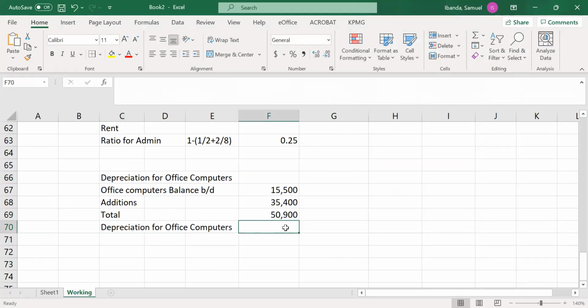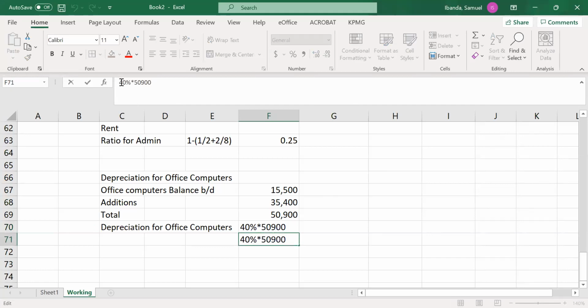It's going to be 40% times 50,900, which will give us 20,360. So that's what we have for depreciation of computers.